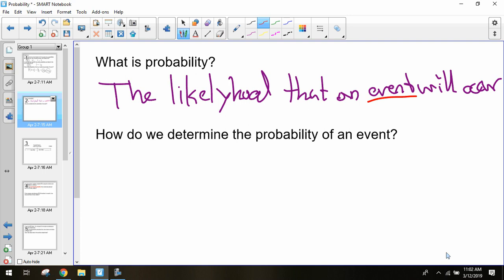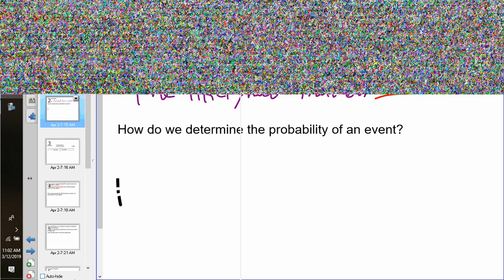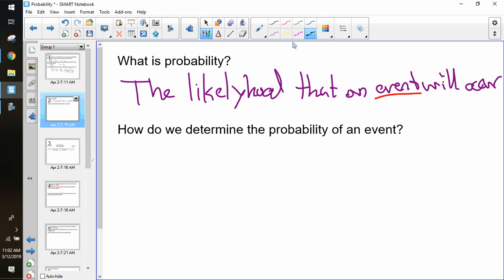The way we determine probability is kind of like what Alex said. It's a quotient. So the probability of an event, I'm just going to say event A. The way we write probabilities, we typically put a big capital P, and then parentheses, and then whatever the event is inside.